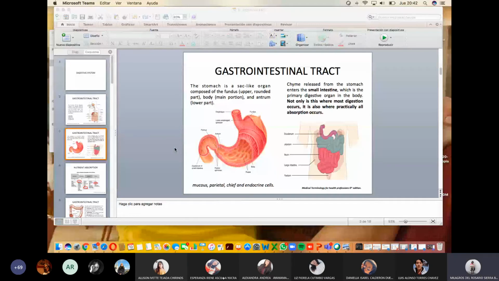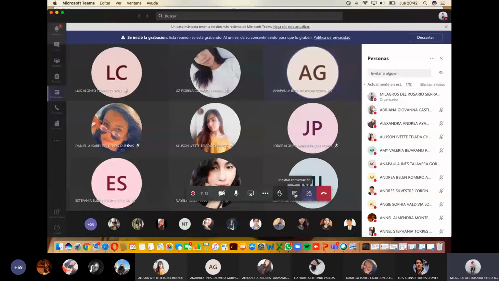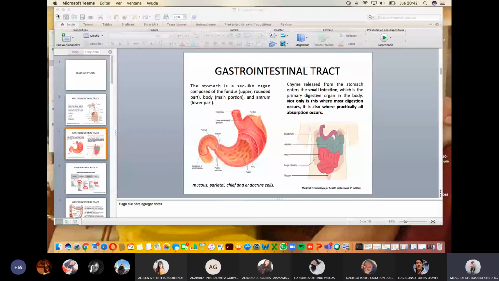Do you know what the intrinsic factor is? Factor intrínseco. Muy bien. And what is the function of the intrinsic factor? Does someone want to tell me?